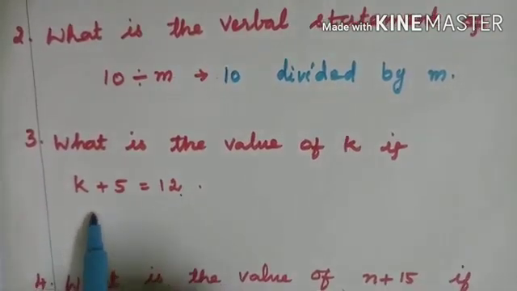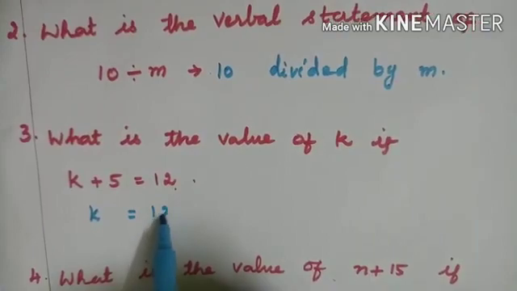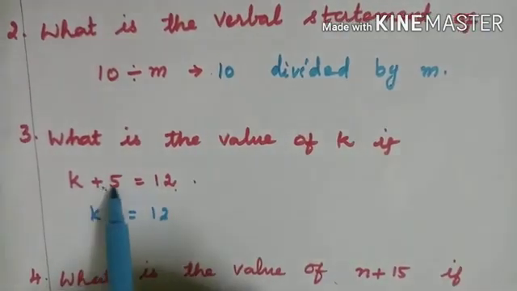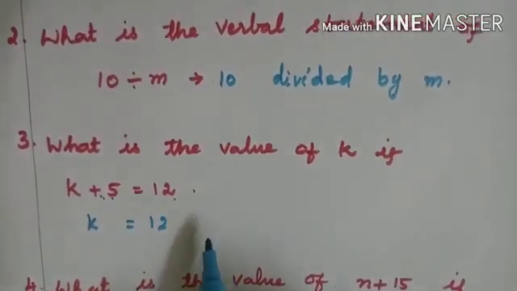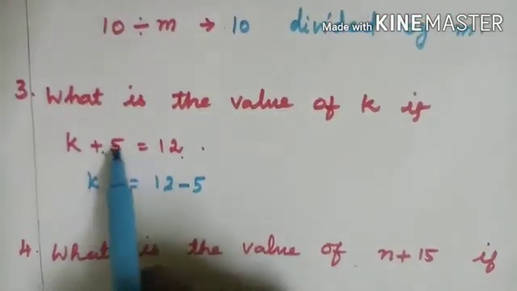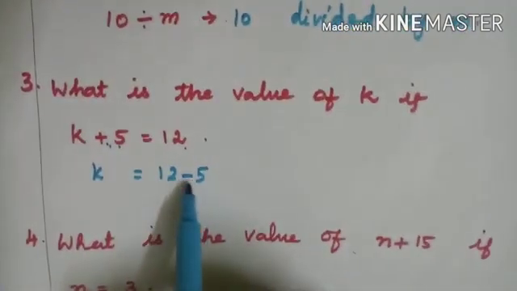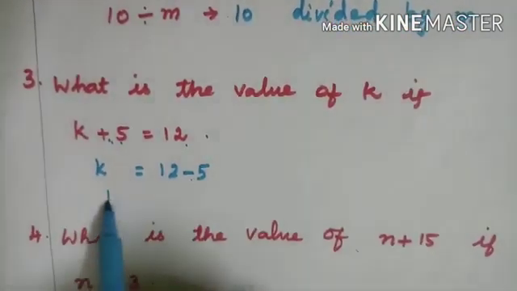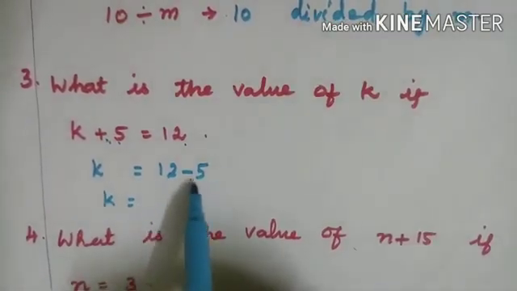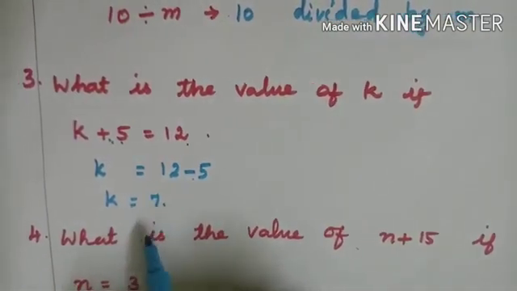So here k equal to 12 we are writing, and this plus 5 goes to other side, it becomes what? Minus 5, isn't it? So k equal to 12 minus 5 is what? 7. The answer is 7.